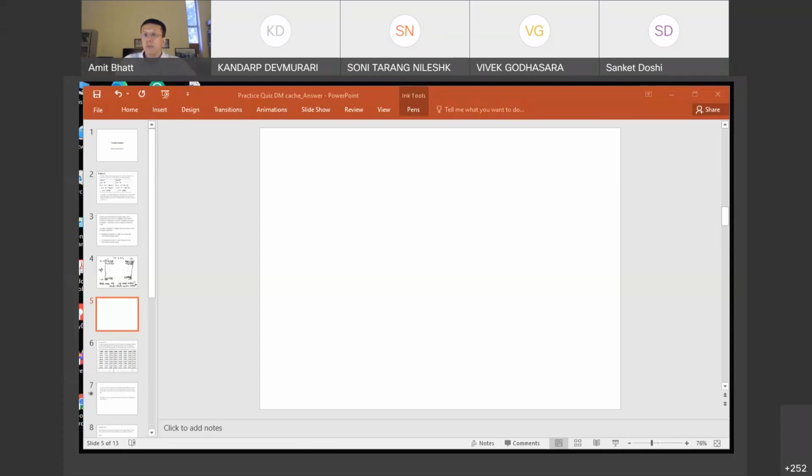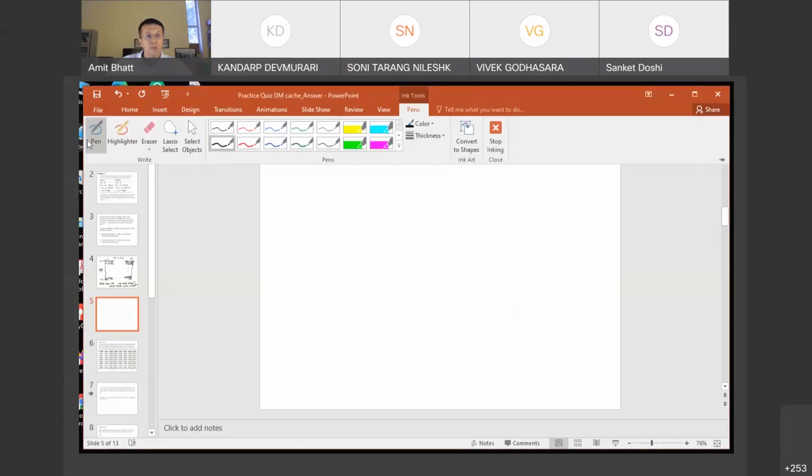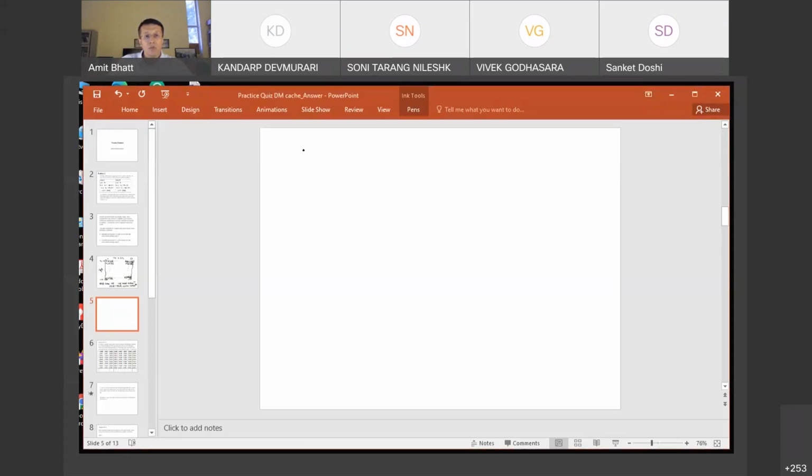Okay, so what we can understand from here is that I have got a 1024 word capacity cache, and each block is of 8 words.